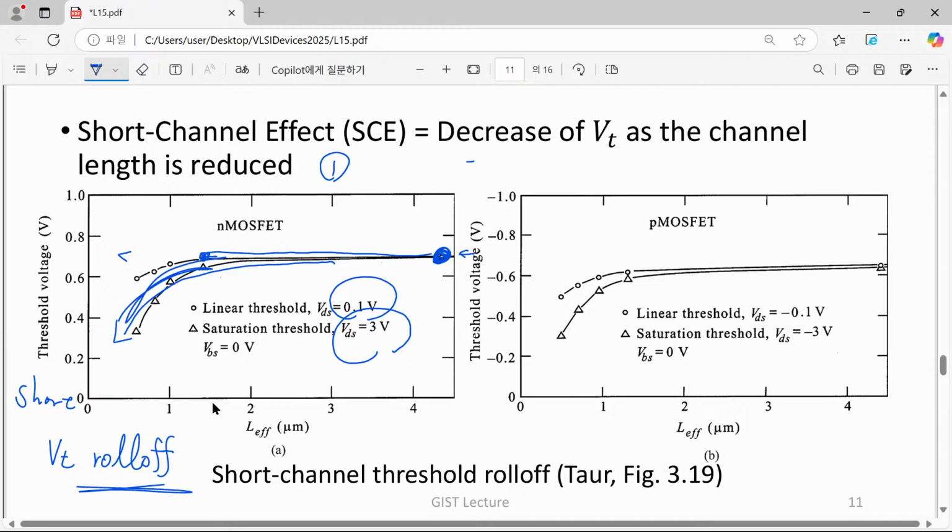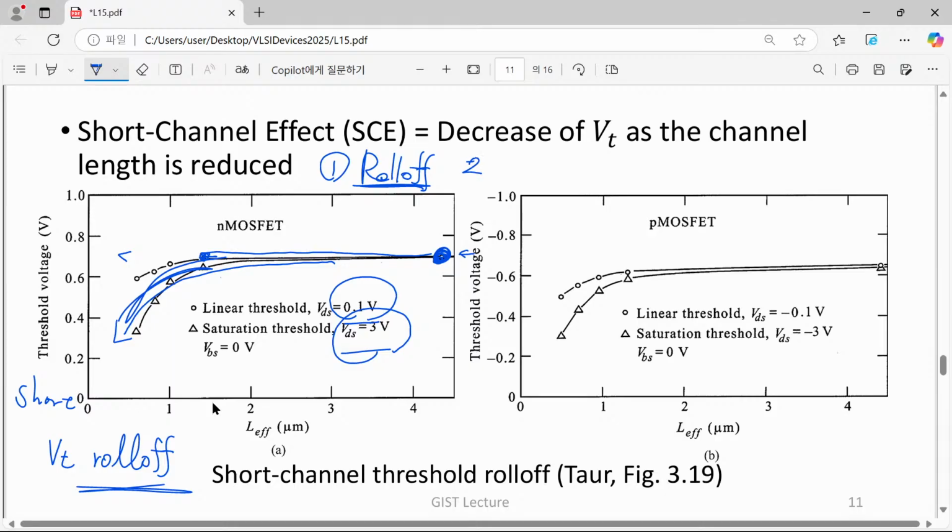So usually people call it in this way. This roll-off itself occurs for both low drain bias and high drain bias. That is one observation. So this roll-off itself does not depend on drain bias voltage. I mean the roll-off exists even at zero drain bias voltage.